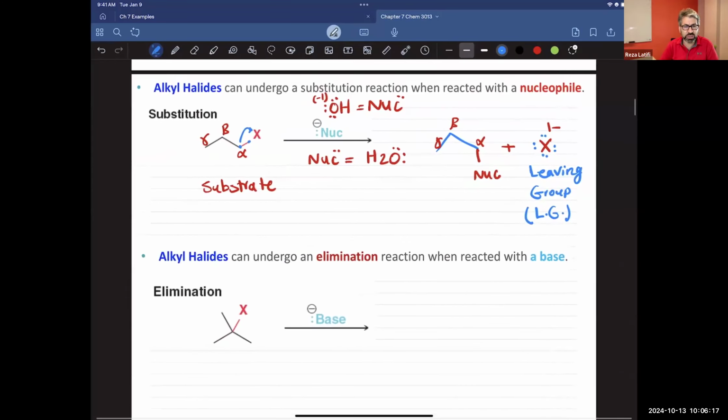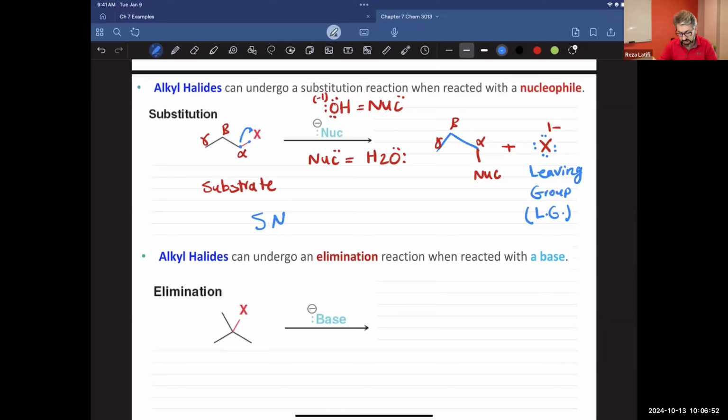That's one reaction. In this reaction, we are going through a substitution reaction, nucleophilic substitution. It's a substitution and it's nucleophilic, and it depends how many particles are involved inside the transition state. Listen carefully. It depends how many particles are involved inside the rate determining transition state.